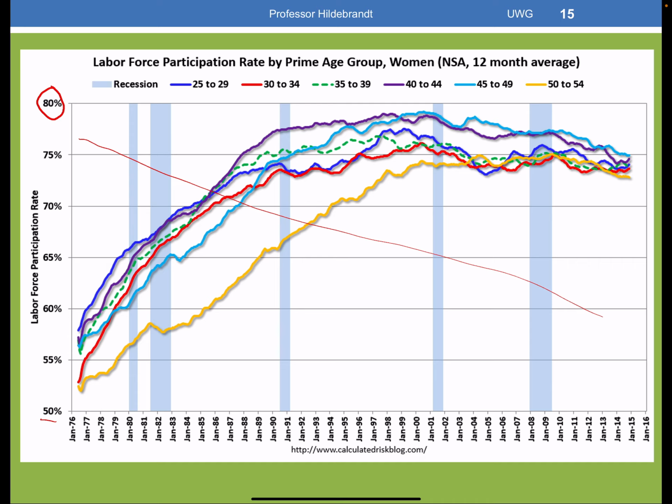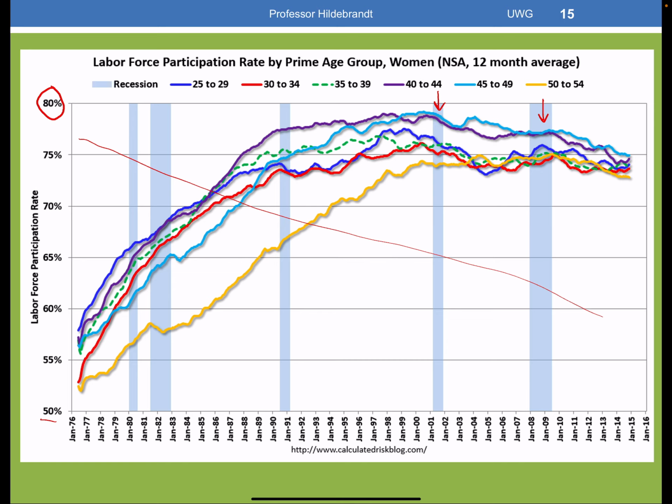Why? Because as we've moved through the mid to late 70s towards present day, we have continuously, regardless of the age group, seen an increase in labor force participation rates for women. Okay, and it's been that way for all of them. Again, during recessions, not always, but we typically do see some decreases.